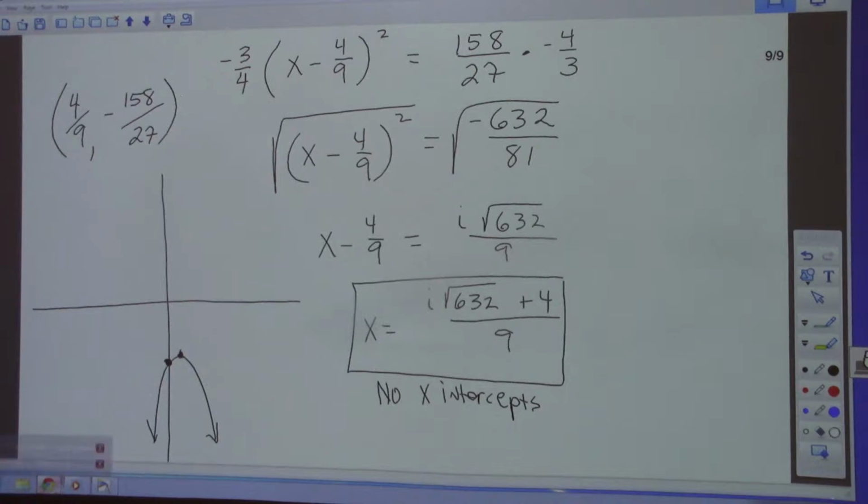The increasing values are from negative infinity to 4/9. The decreasing values are from 4/9 to positive infinity. If you can graph it, you can find the domain, the range, and do all of completing the square. That's a lot of algebra all in one problem.